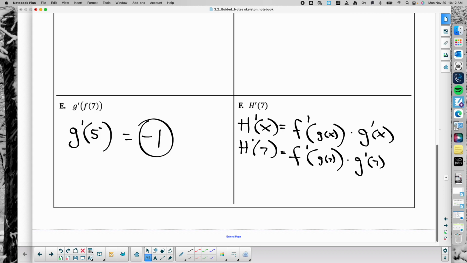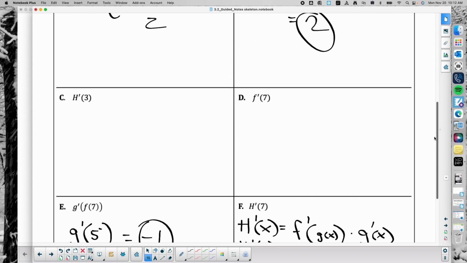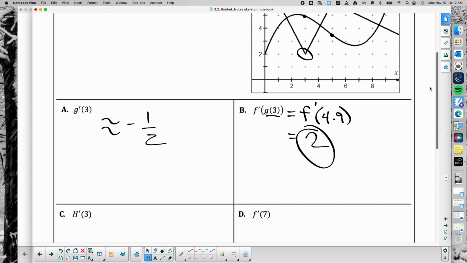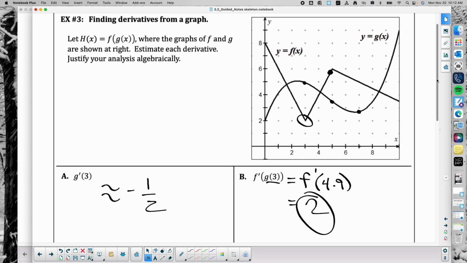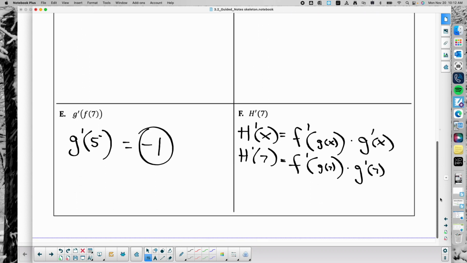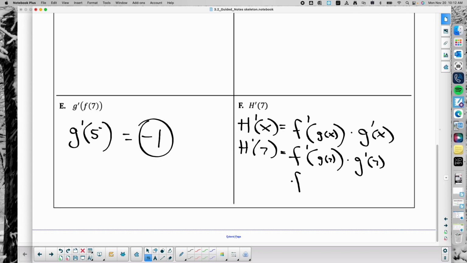Didn't I do g of 7 over here somewhere? No. G of 7 is the height of the curvy line. Oh, that's annoying. The height of the curvy line is 2.9. And that'll help us out because there is a sharp point at 3.